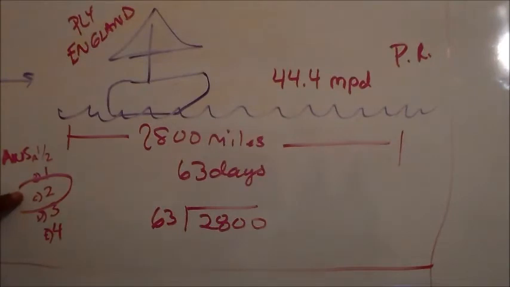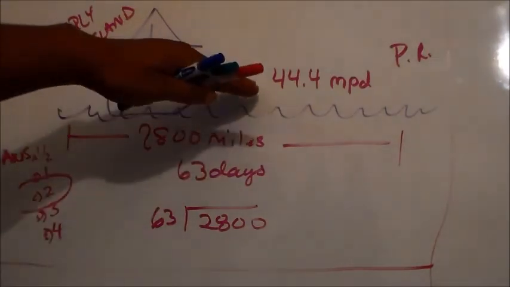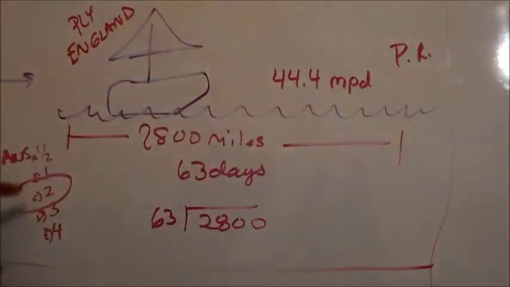If I'm going 2 miles an hour, I'm actually going 48 miles a day, and that's closest to this answer. 1 mile per hour, 1 hour, 1 mile per hour, that's not going to work. 3 miles an hour is not going to work. So 2 is the closest.